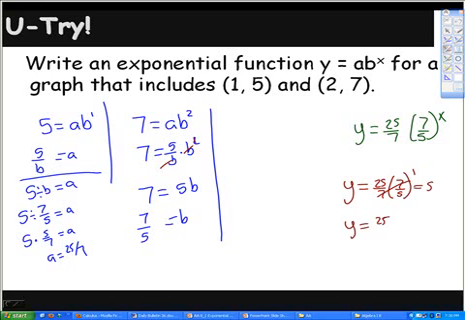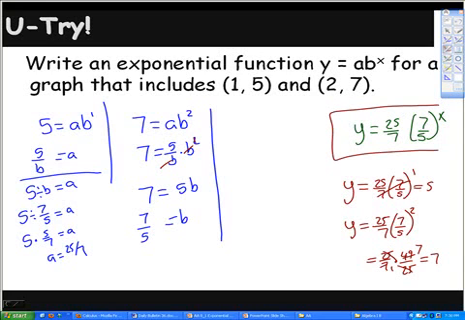When x is 2, I'm supposed to get 7. 7/5 squared, if I square that, that's the same as 25/7 times 49/25. Notice these go out, and 7 goes into itself once and into 7 times. So that does equal 7. That checks also. So even though that's a funny looking answer, 25/7 times 7/5 to the x, that is the right answer. You can always, always, always check these.